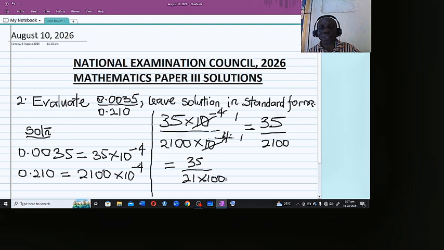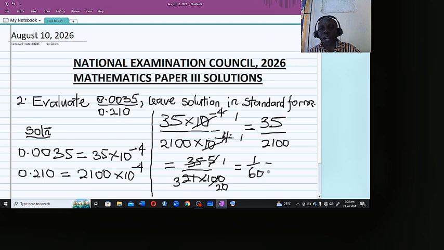Oh, there we are. 35 and 21, they are multiples of 7. 7 can divide this 5 times, isn't it? Your tables, 7 can divide this 3 times. Even 5 can deal with itself and also deal with 100 20 times. Wow. So we end up having 1 over 3 times 20, that will give us 60.